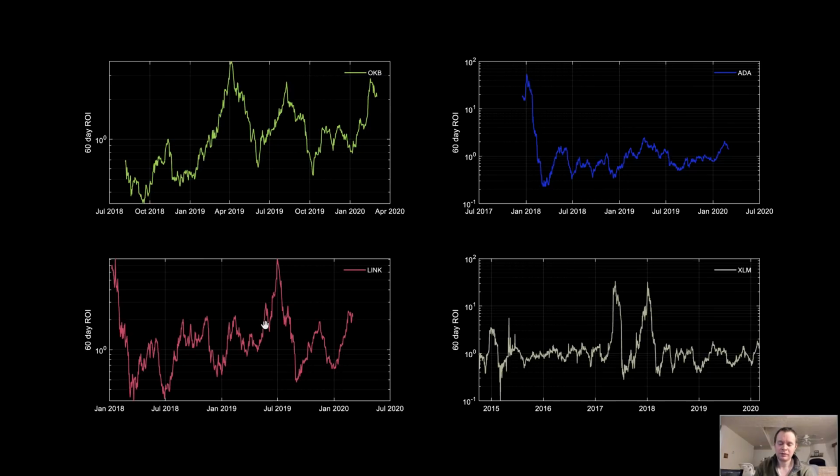If you plot the ROI of Link with Ethereum from days since inception, it does seem to mimic it to a large degree. Now, XLM, Stellar Lumens, had these 2 peaks, and these peaks corresponded to Bitcoin getting to its previous all-time high and then the end of its bull run.